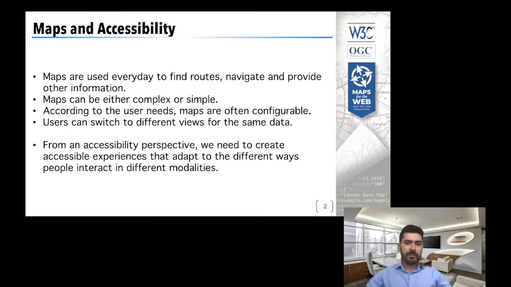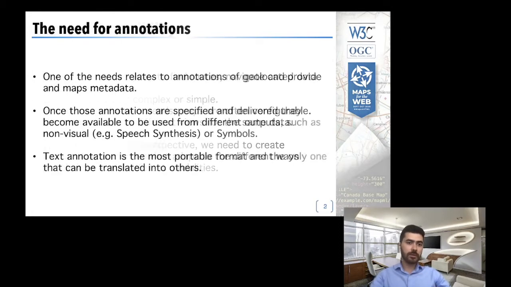So, as you can imagine, in general, maps are a complex object, and from an accessibility perspective, they represent a challenge, but we have to start from one aspect, and maybe the most important is the need for annotations.